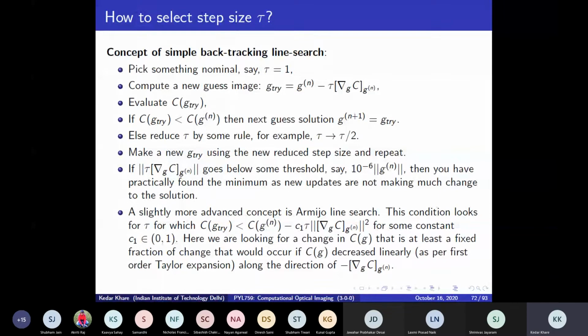So both of these things somehow decide, but the way we want to look at it as a stopping criterion is to look at how much is the change in the solution when you subtract this tau times gradient.